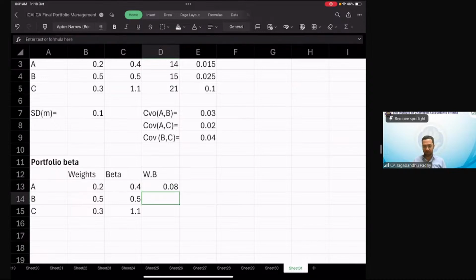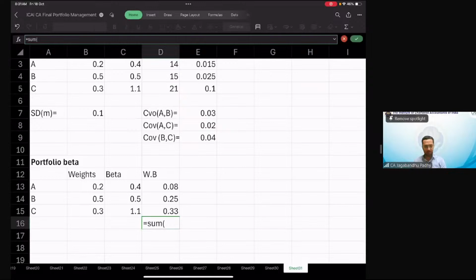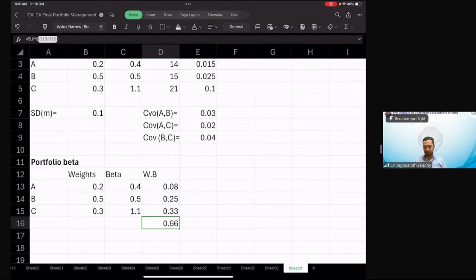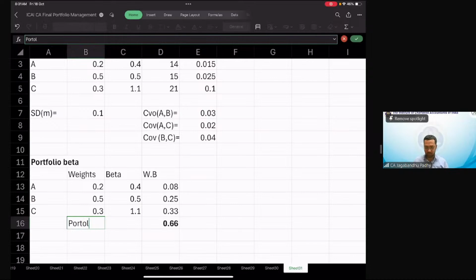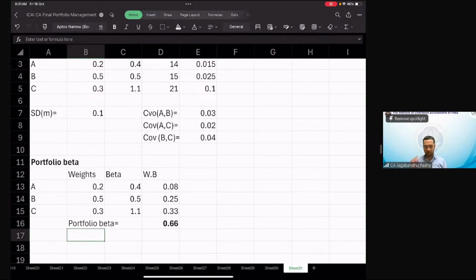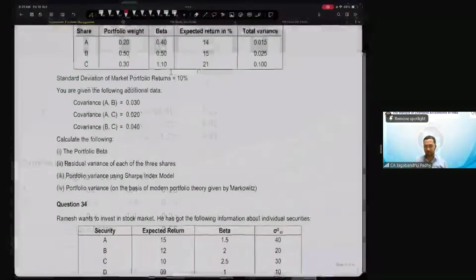So weights multiplied by beta, and then we take a sum of it. So portfolio beta is 0.66. Okay.